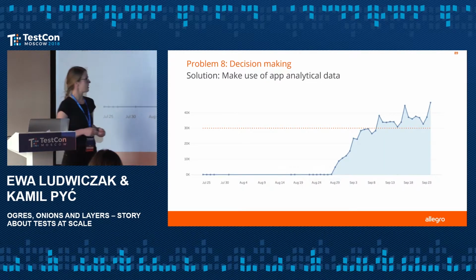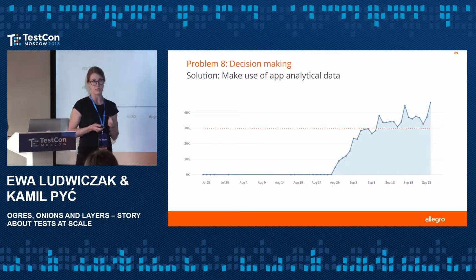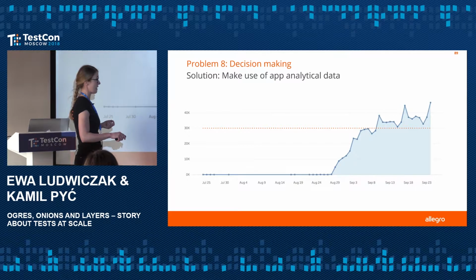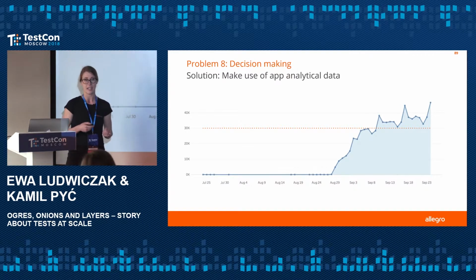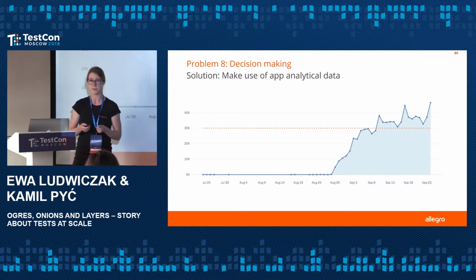And this is a small analysis of how the users were using the new categories button. So this is the release date. We see that here the users start updating the app and using the button. In the case of our application, it takes around 7 days, as Kamil said before, for around 90% of the users to update the application.